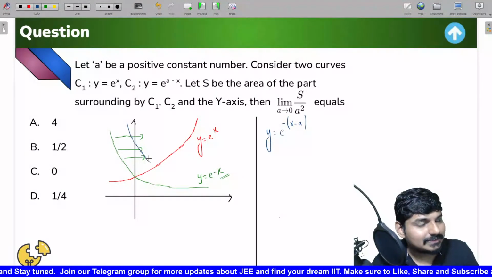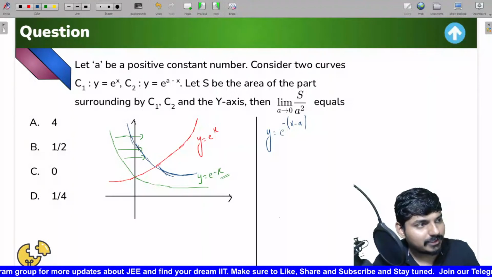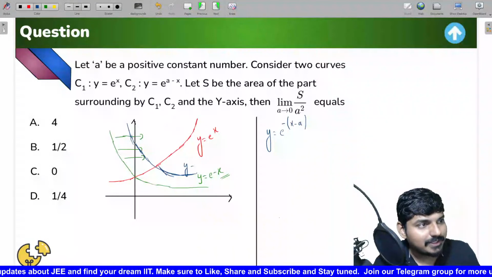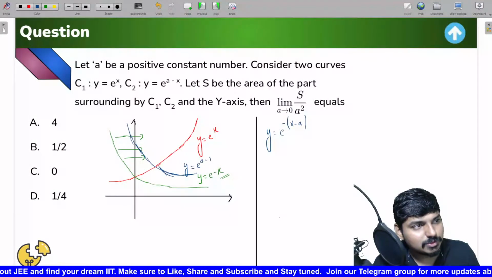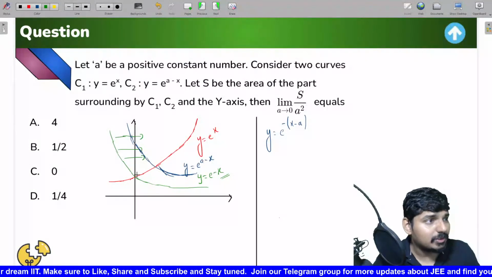You can see this blue graph, this is going to indicate the graph of y is equal to e raised to a minus x, or minus of x minus a. Okay, so this is how you can do the transformation.